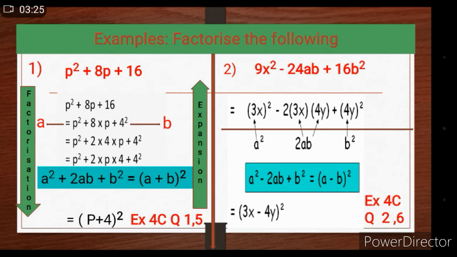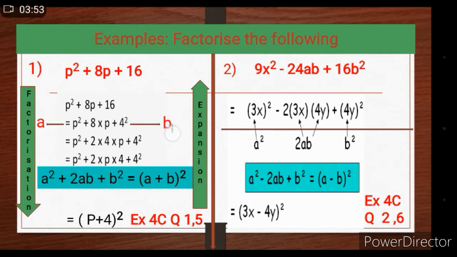Now look at these examples. The first example is p square plus 8p plus 16. What is our first step? Identification of the expression. You can see we have two terms, p square and 16, where p square is a square and 16 is b square, and b is 4.